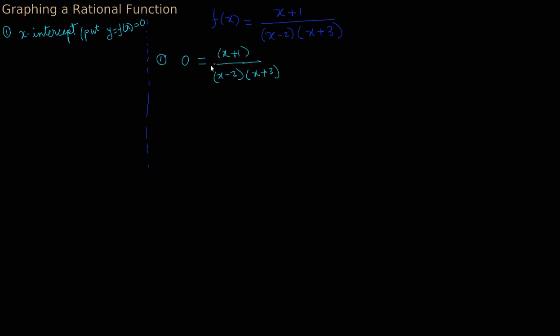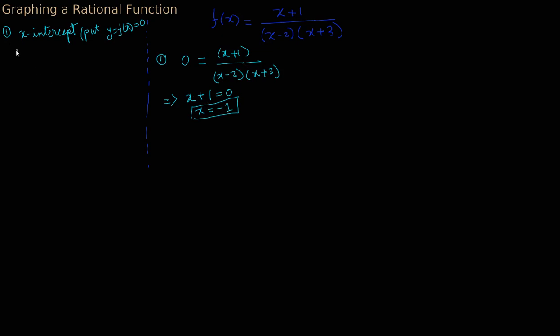From this I can write x plus 1 is equal to 0, so x is equal to -1. So this is my x intercept for this function, at x equal to -1.